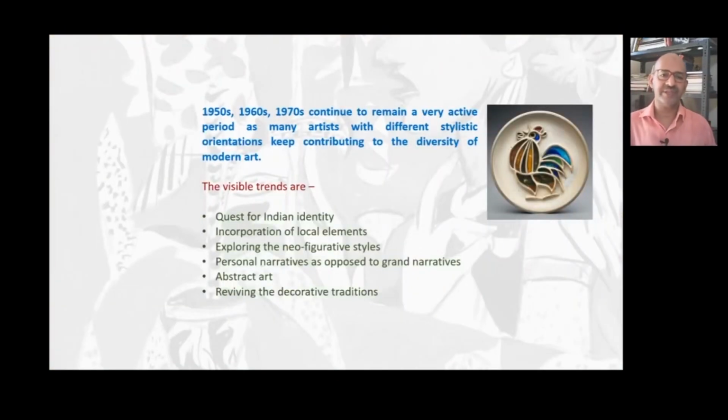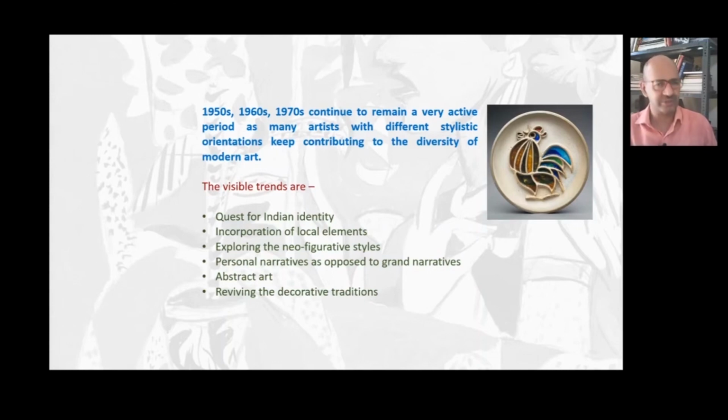So 1950s, 1960s, 1970s continue to remain a very active period as many artists with different stylistic orientations keep contributing to the diversity of modern art. So diversity still remains a very, very important feature of modern Indian art.